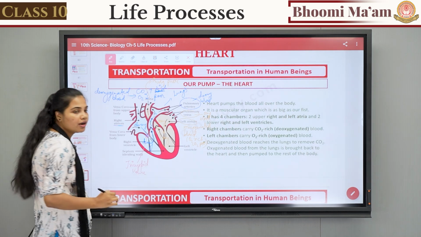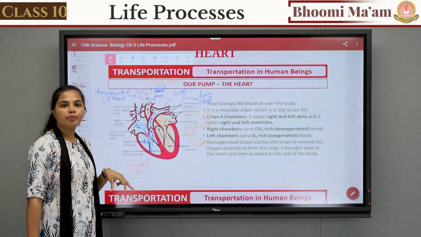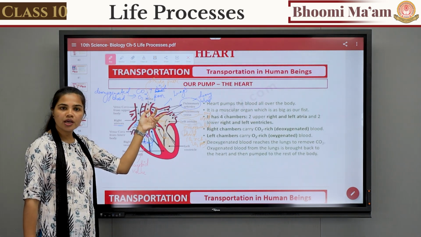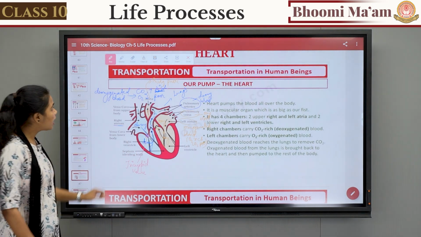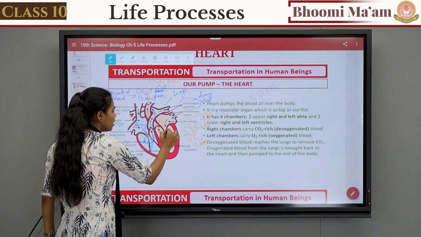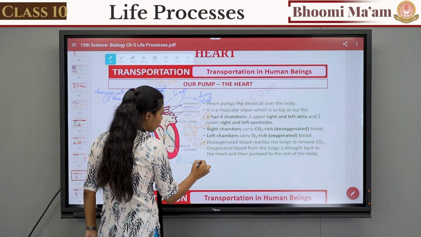Which is known as what? Tricuspid valve. And similarly, to prevent the backflow of the blood from the left ventricle to the left atrium, we have another valve called as what? Bicuspid valve.